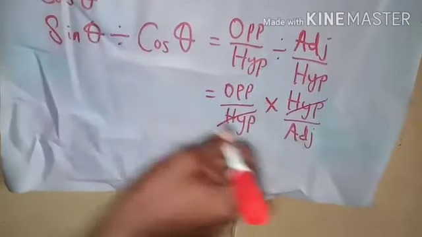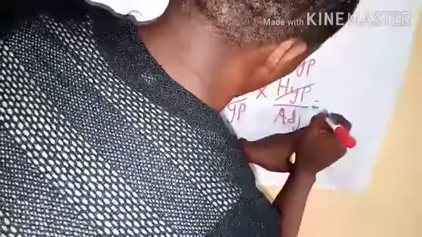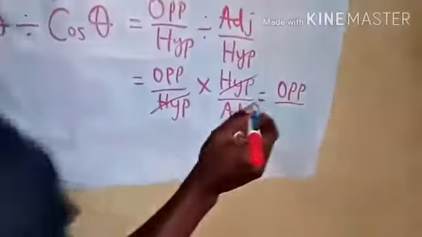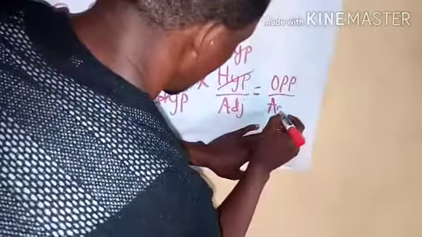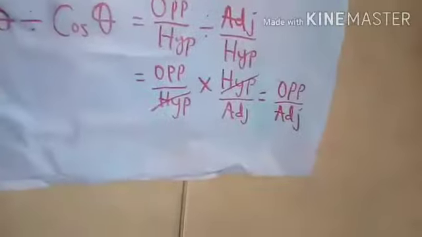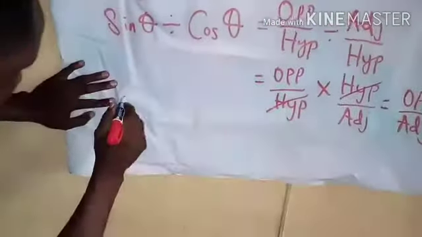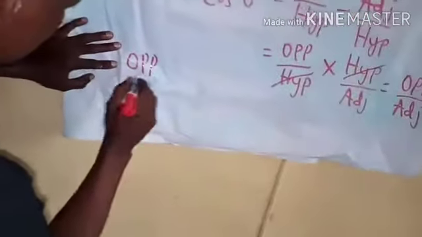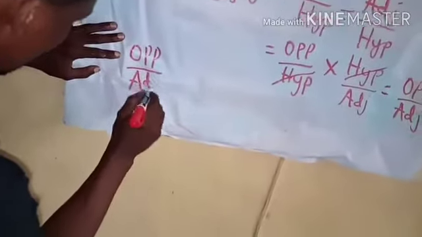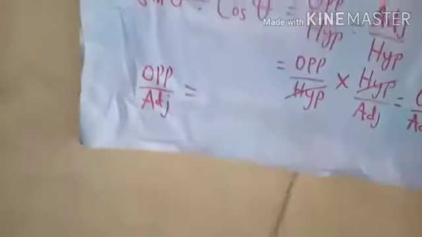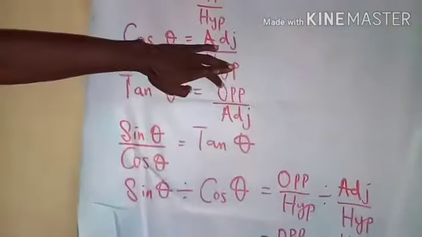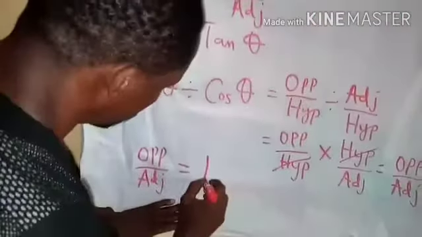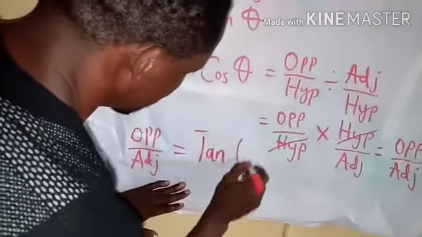So automatically we are left with what? Opposite over adjacent. So what is opposite over adjacent? From our definition, opposite over adjacent is tan theta.